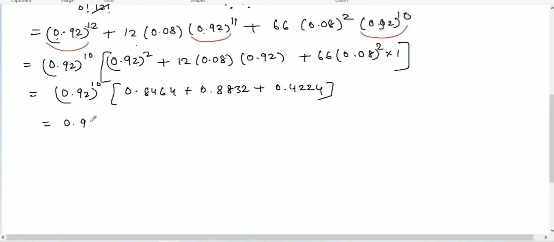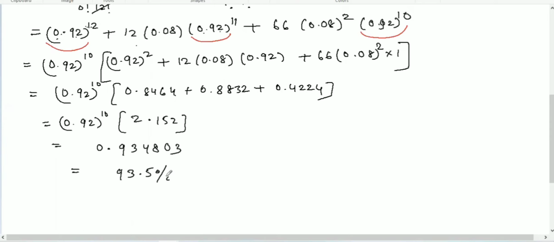If you add it, you will get 2.152, and calculating it you will get 0.934803. To find it in percent form, multiply by 100 and you will get 93.5%. That is the answer.